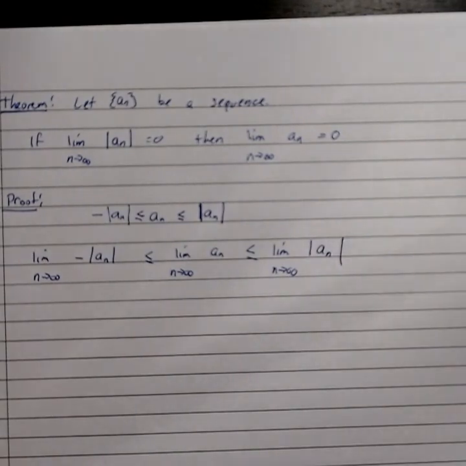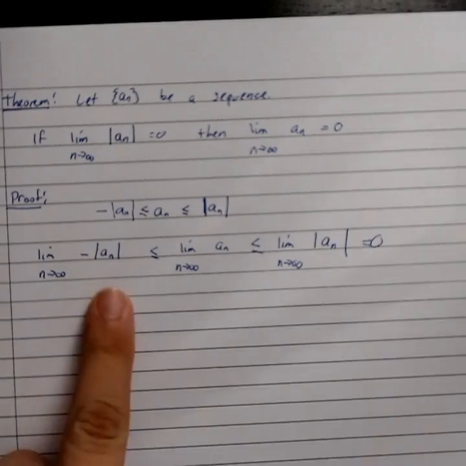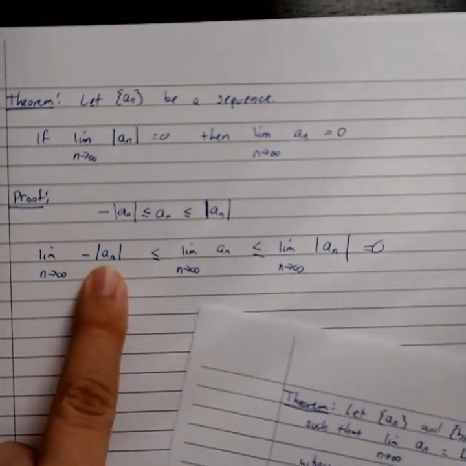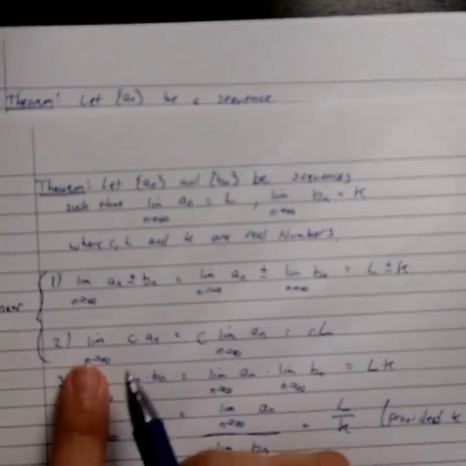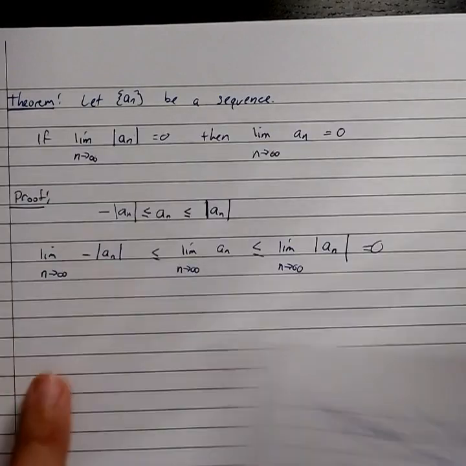Well, we know this one is equal to 0. But now this one, remember that we have properties of the limits, one of which says if I have the limit of a constant times something, I can just pull the constant out. That's linearity. Well, that's what a negative is.